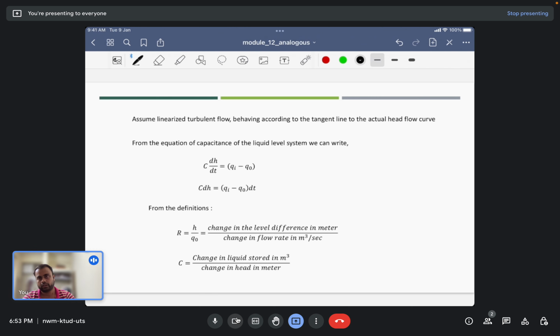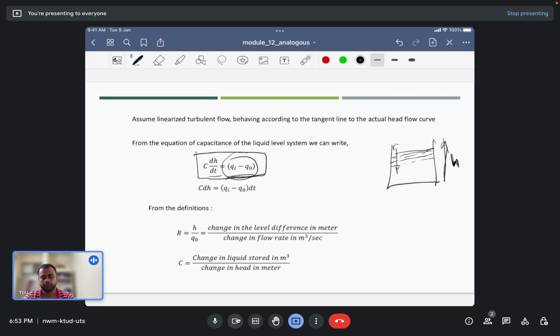Now we can write the equation for the capacitance. So C into dh by dt: as height h increases with respect to time, the difference between inflow and outflow will be equal to the change in the height of the water stored.